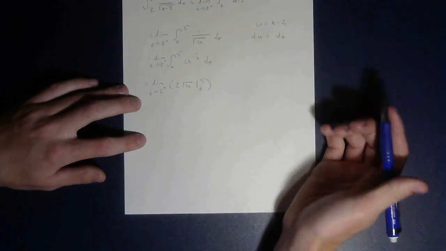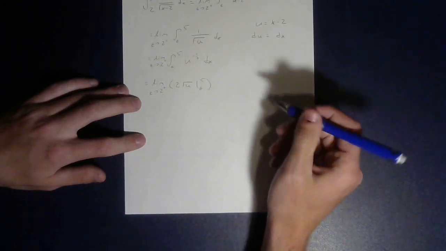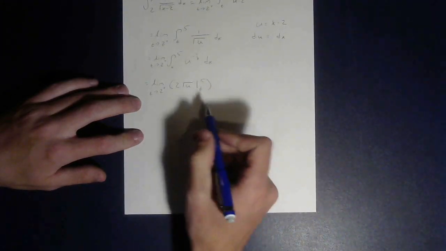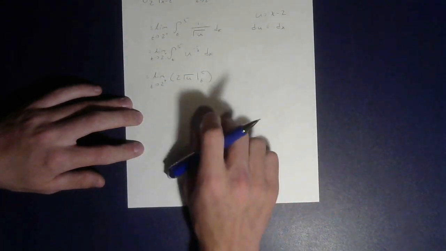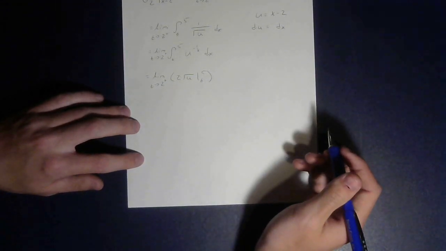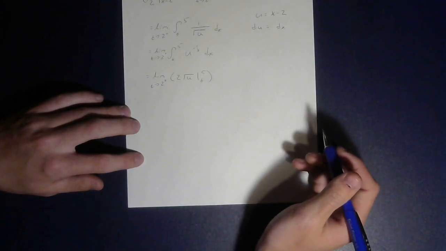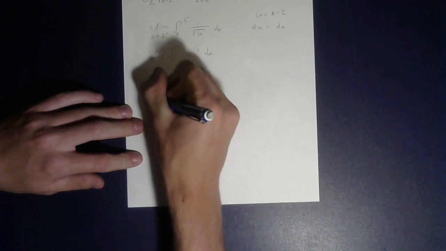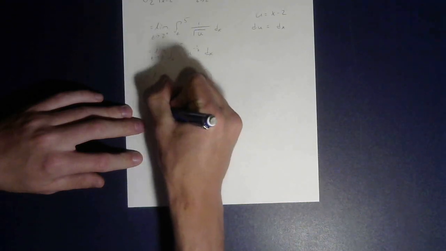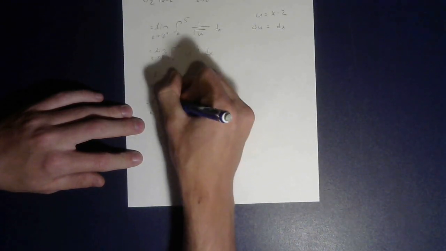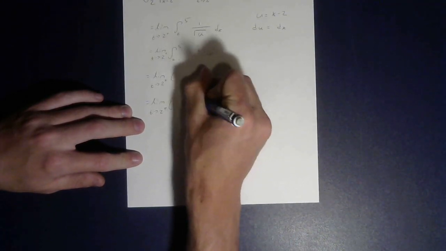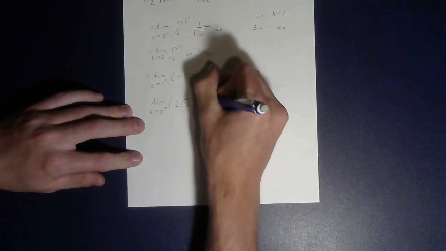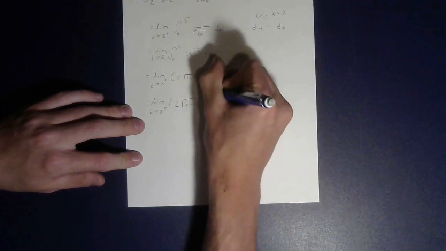So u to the 1/2 is square root of u, and dividing by 1/2 is the same as multiplying by 2, so 2 square root of u. Then we're going to plug our u back in, so we have the limit as t approaches 2 from the right of 2 times the square root of x minus 2 from t to 5.